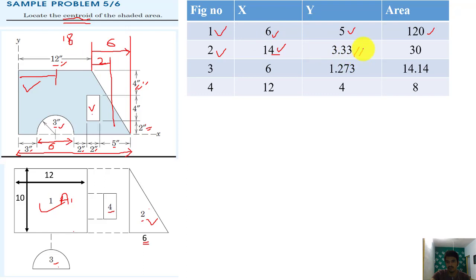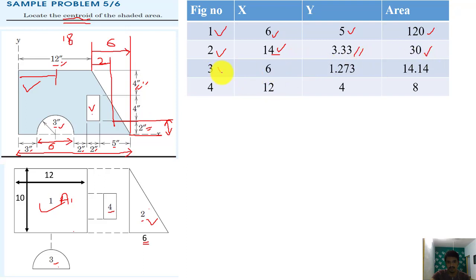Then y intercept is 3.33. From the x axis, its centroid will be the total height divided by 3, so 10 divided by 3, that will be 3.33. And area is half of base into height, so 30 inch square.